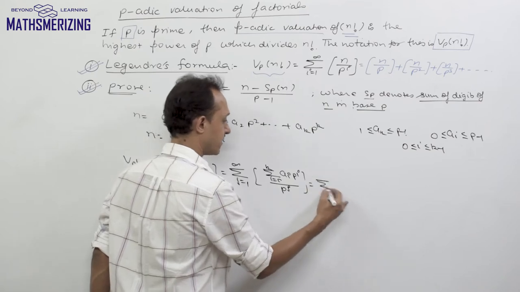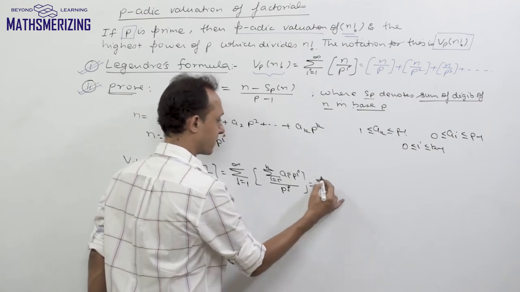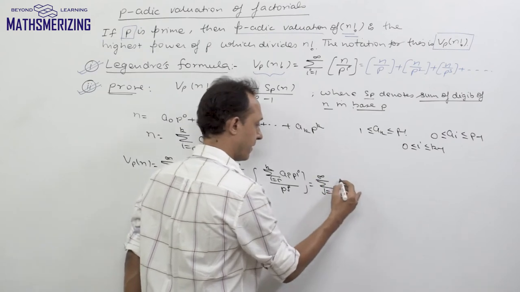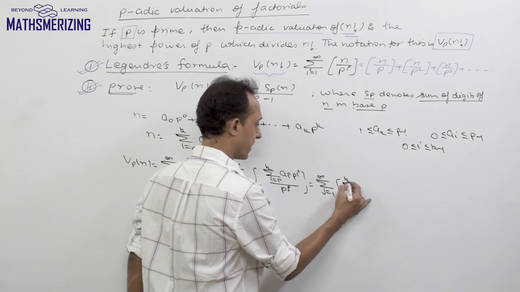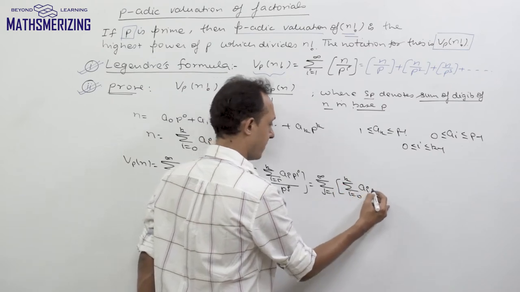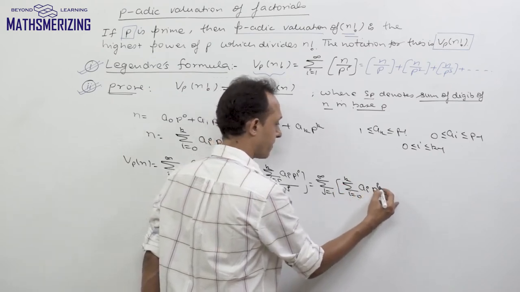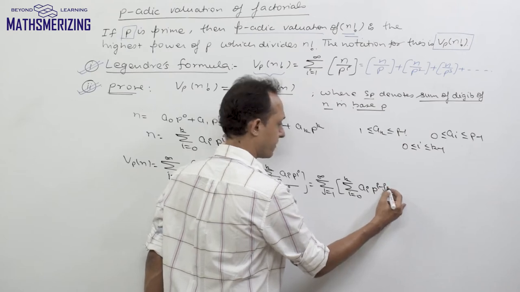So I'll write it as summation j varies from 1 to infinity, and this double summation i varies from 0 to k, ai p to the power i minus j.